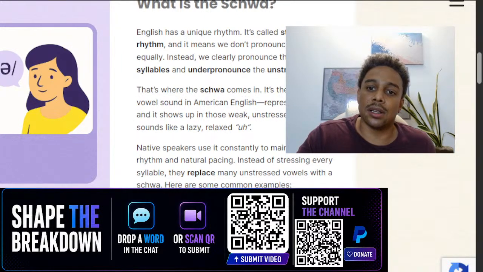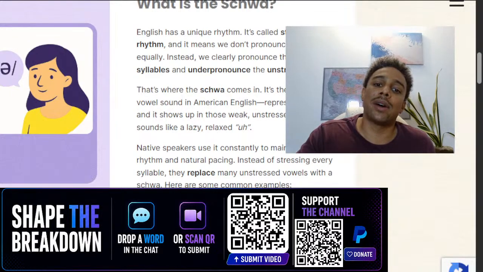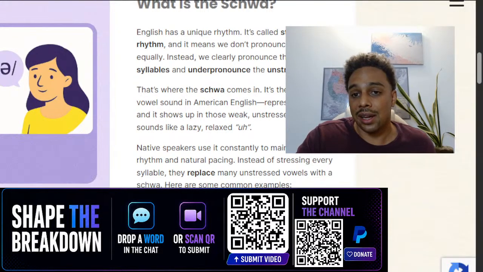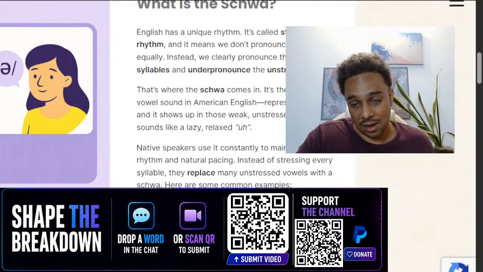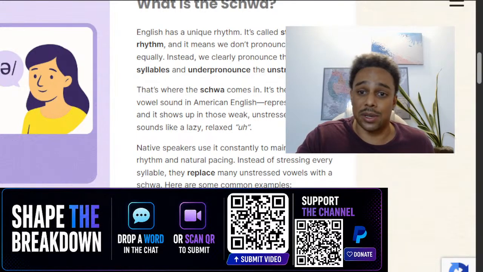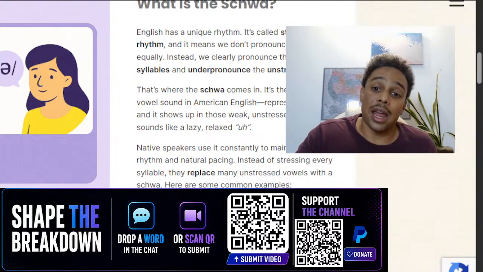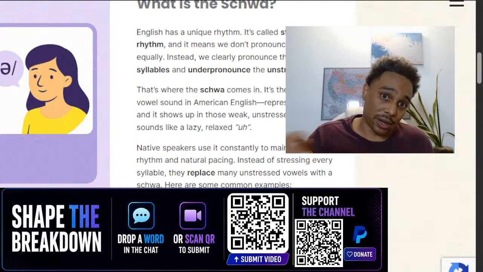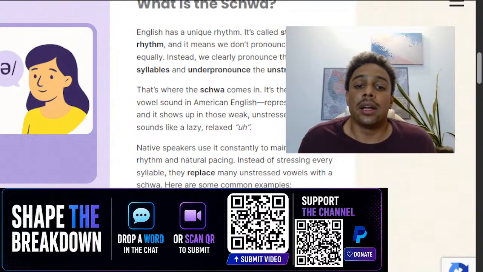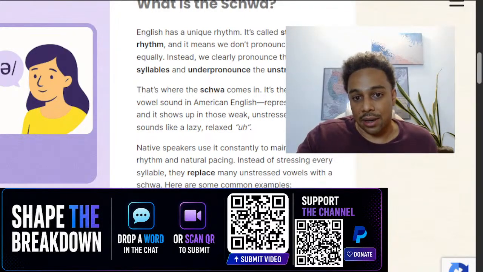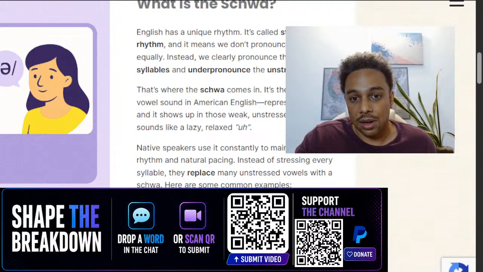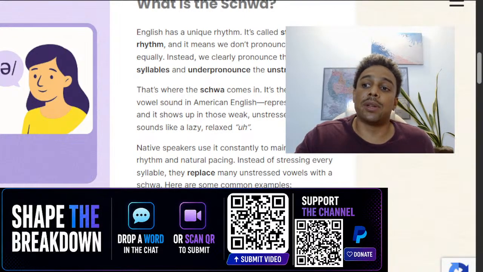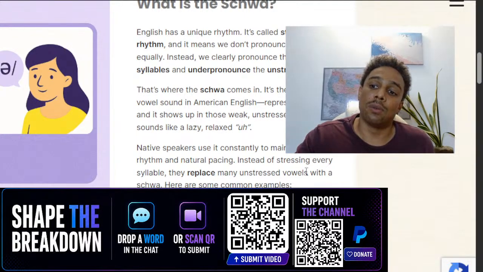This is the IPA sign. You don't have to memorize IPA signs, but I recommend that you remember this one. It's really easy to remember, and you're going to see it all the time. We're going to look later in the dictionary at some words. When you look in a dictionary and you see this, you want to be able to recognize what you're seeing.